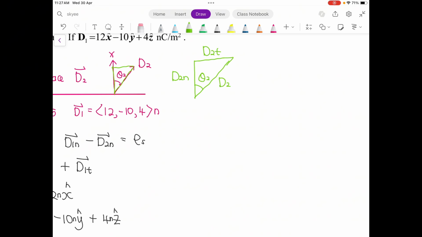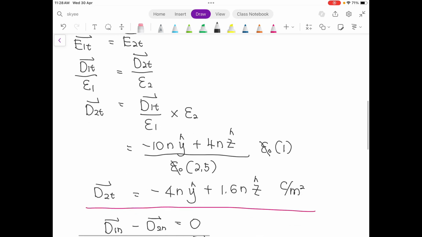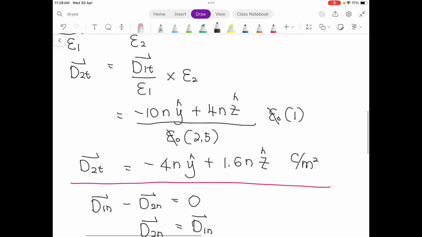If I apply the tangent, tangent theta 2 will be the magnitude of D2t over the magnitude of D2n. So let's find the magnitude of D2t, which is this one.